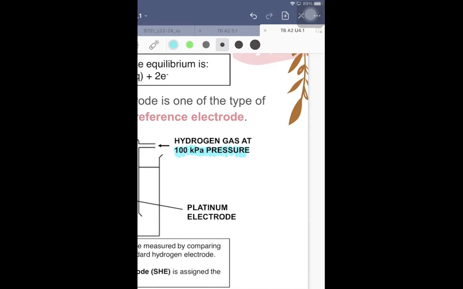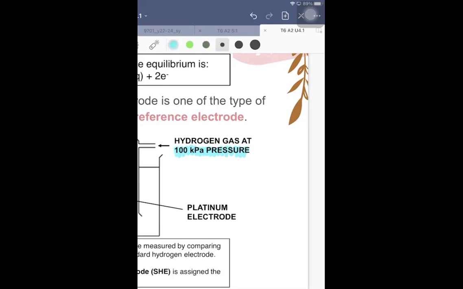All the potentials of any half cell are measured by comparing their potential to that of the standard hydrogen electrode. And because our standard hydrogen electrode, also called SHE, is used as a reference, we assign the voltage, or the potential difference, to be 0 volt.